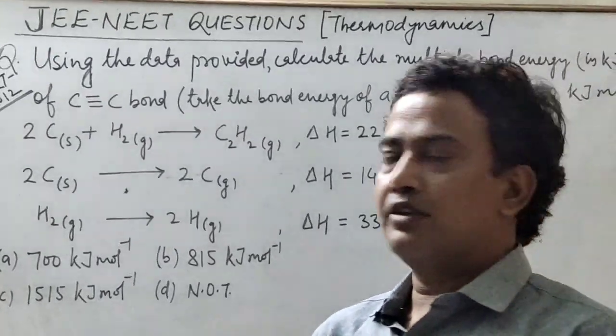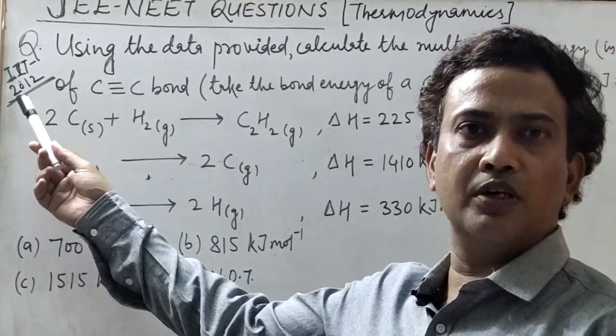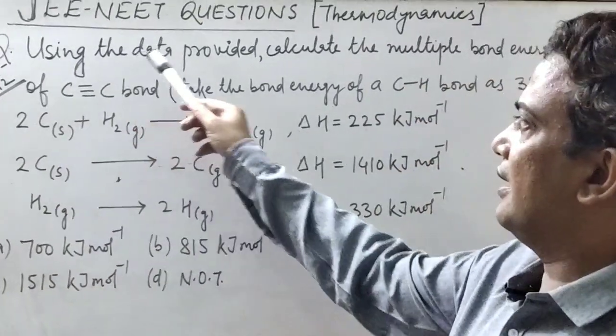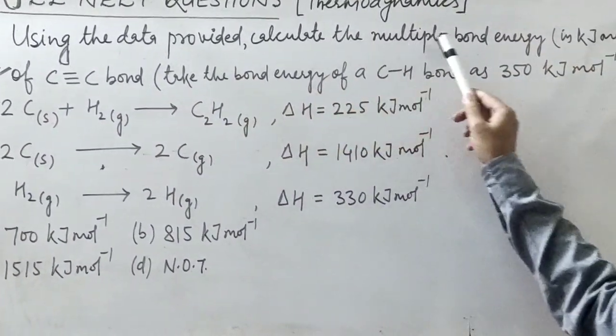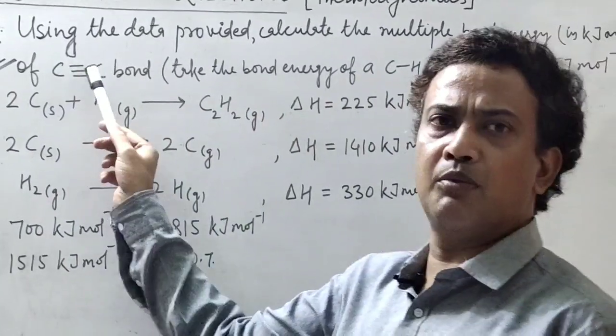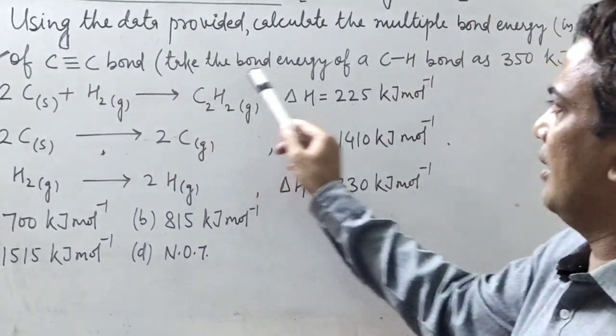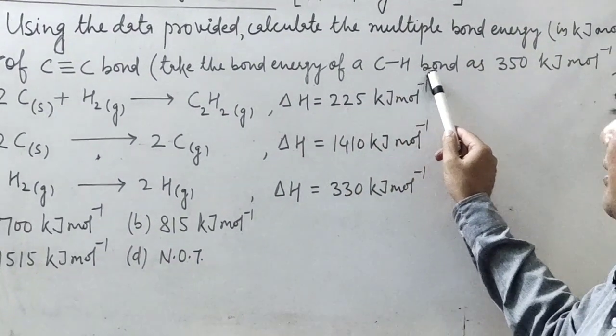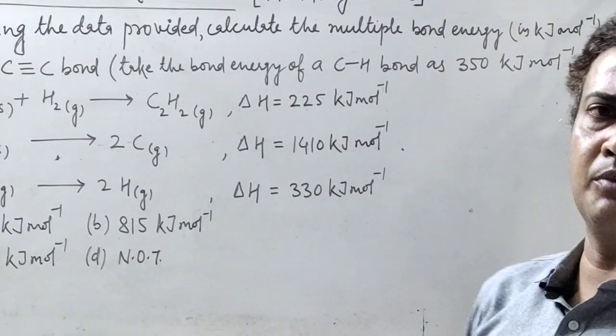Let's take one more question that appeared in IIT 2012. Using the data provided, calculate the multiple bond energy in kilojoule per mole of C triple bond C. Take the bond energy of a CH bond as 350 kilojoule per mole.